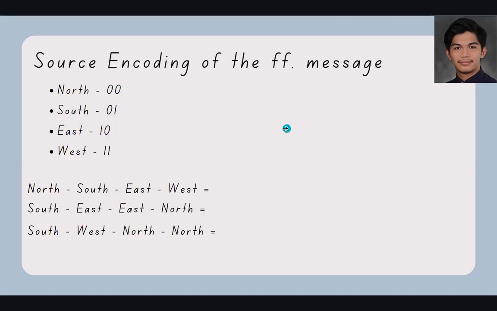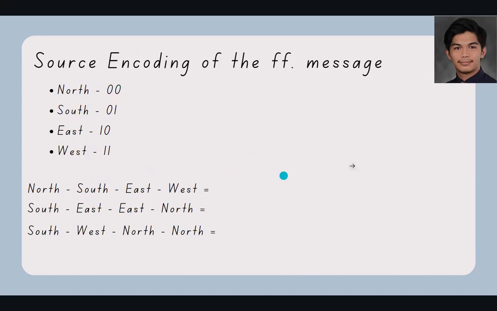Consider the following messages encoded below, where north is 00, south is 01, east is 10, and west is 11. Now, what do you think will be the source encoded message if they are set like this? Simple enough. We're just going to convert each of these messages into binary data or bits, which is presented below.